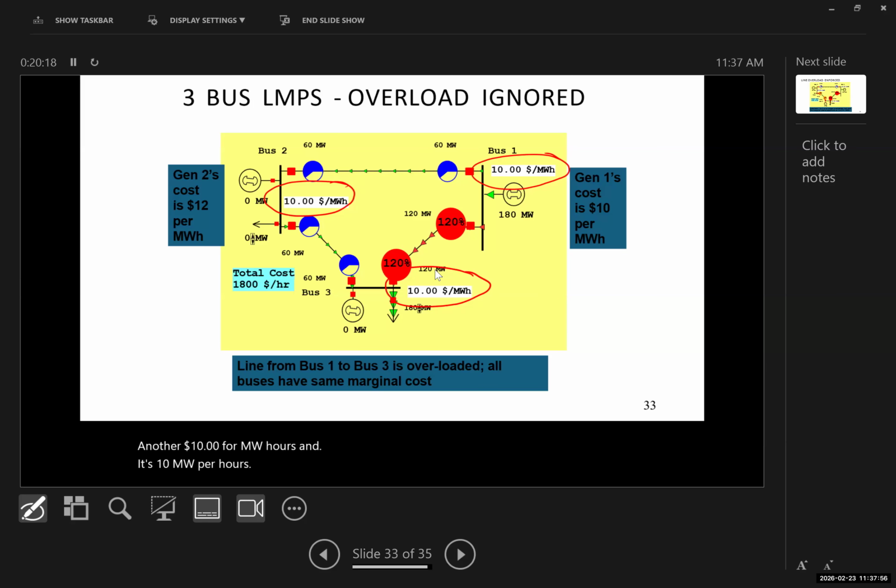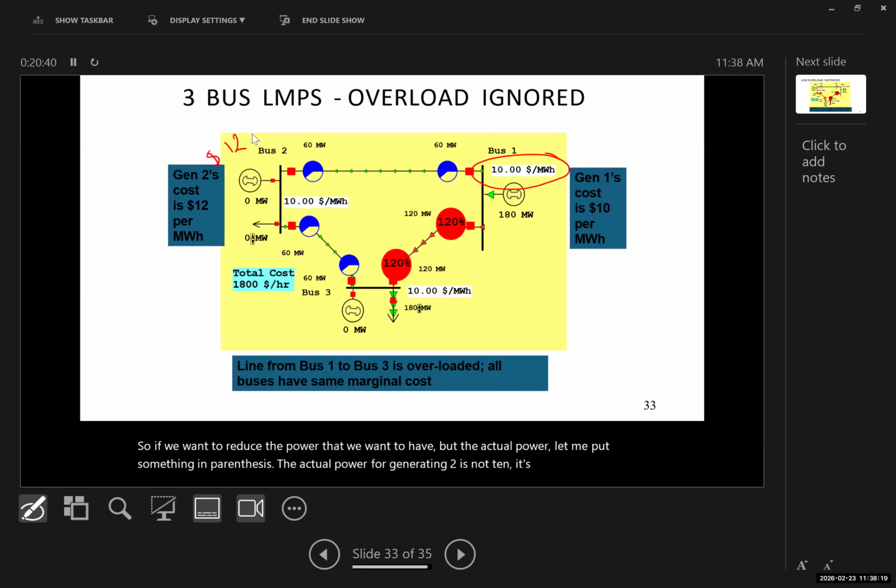But there's a small catch. If we want to reduce the power that we want to have, the actual power for generator 2 is not 10, it's actually $12 per megawatt hour.